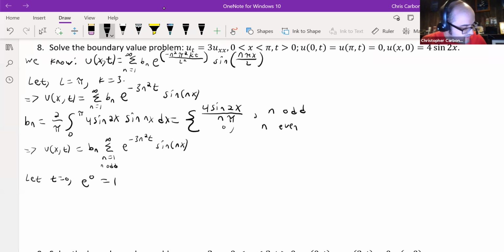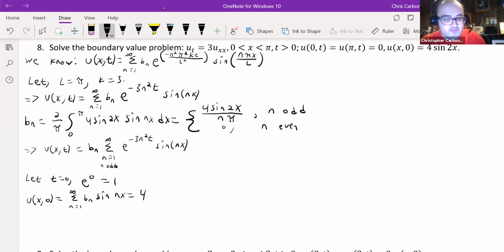And we also know that u of x comma 0 would just be the sum from n is 1 to infinity of b sub n times the sine of nx.